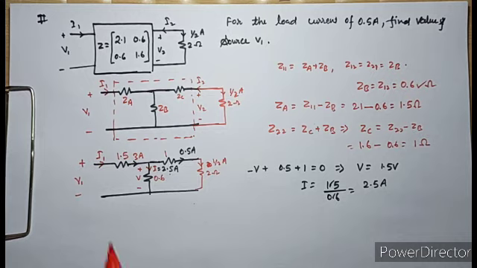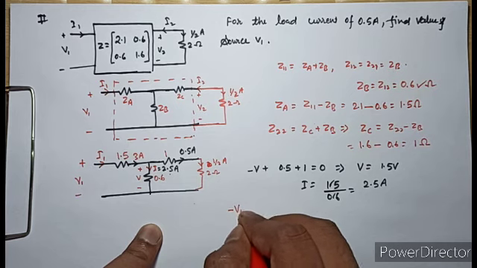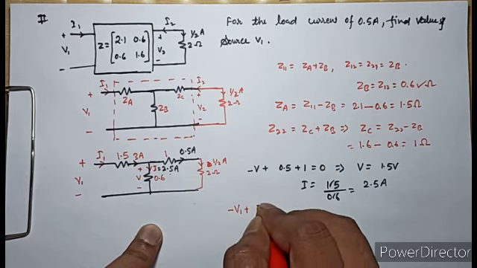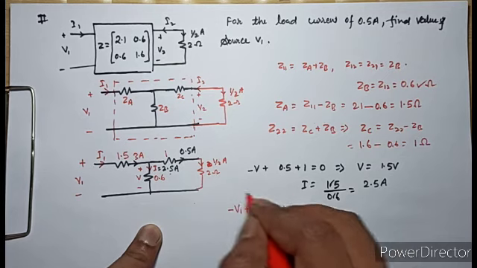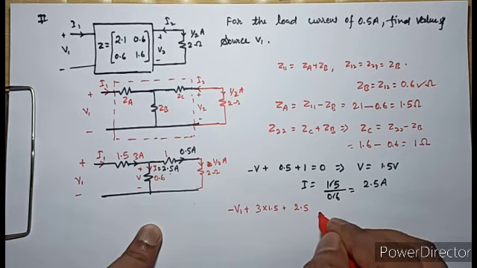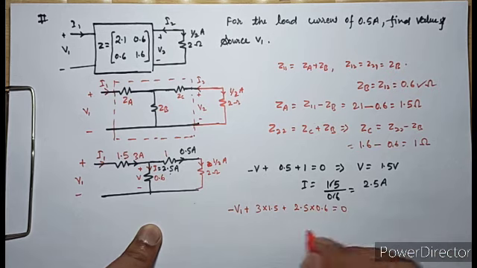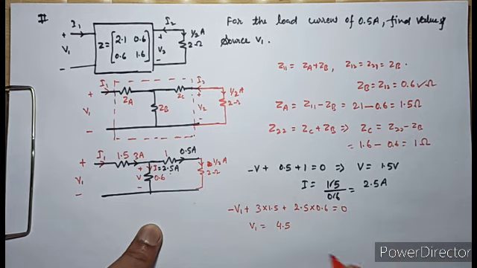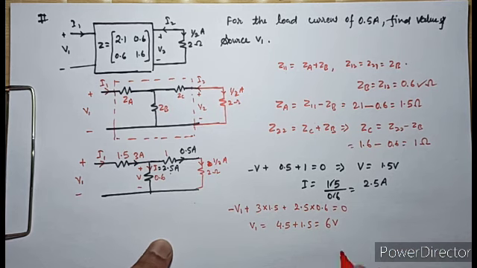Now writing KVL in this loop, we will have minus V1 plus 3 into 1.5 plus 2.5 into 0.6 is equal to 0, and from here our V1 will be 4.5 plus 1.5, which is nothing but 6 volt, and this is our answer.